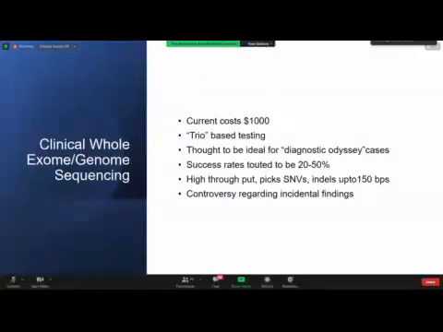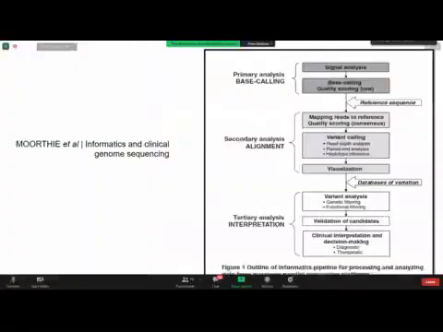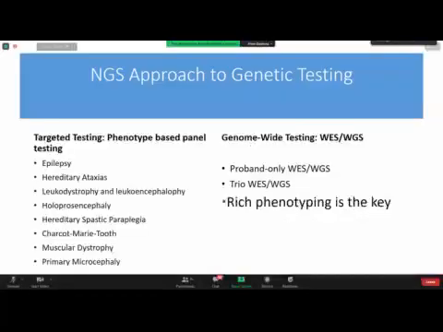So again, there are some ethical issues, and how you communicate those incidental findings to the family is one thing. So this is a pipeline, how we analyze it, but that's very, very complicated, and that's not a clinician's job, it's a bioinformatician's job. But this is just how we do it.